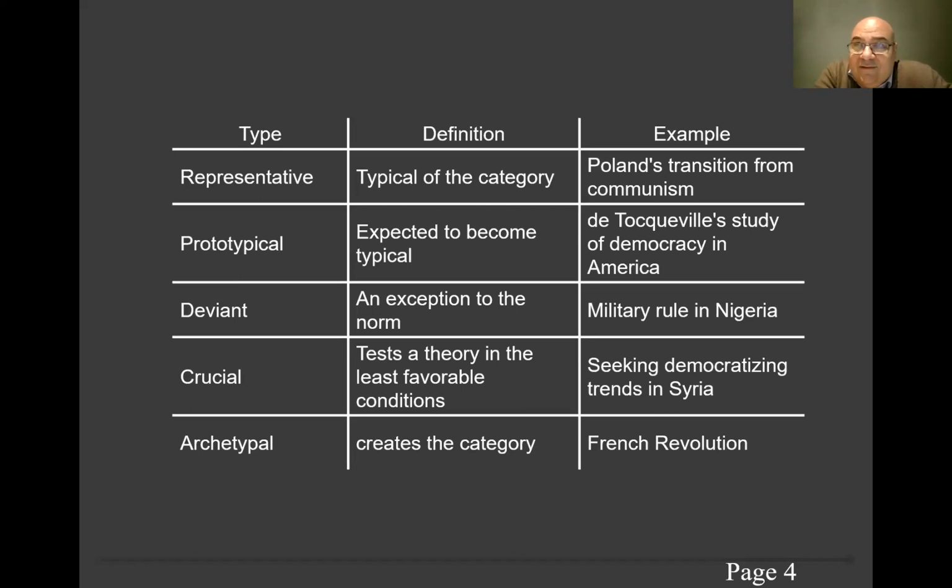Only Turkey, deviant case. You can think in that way, exception to the norm. And you can focus on the crucial case. The example was Syria, because it was a test for democratization in the least favorable conditions.